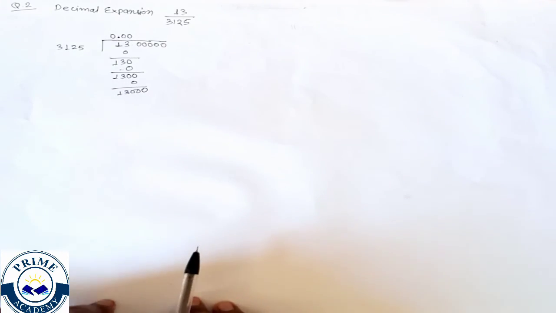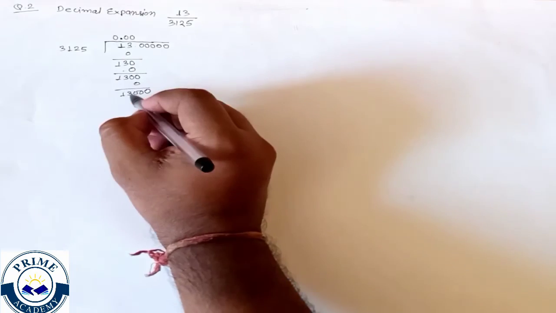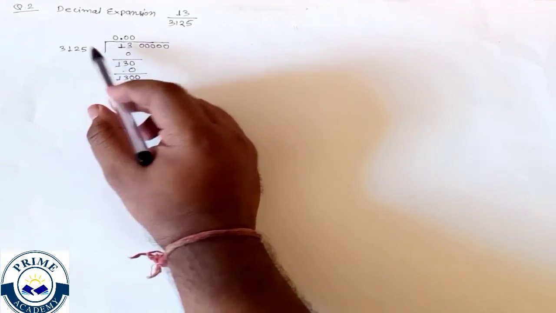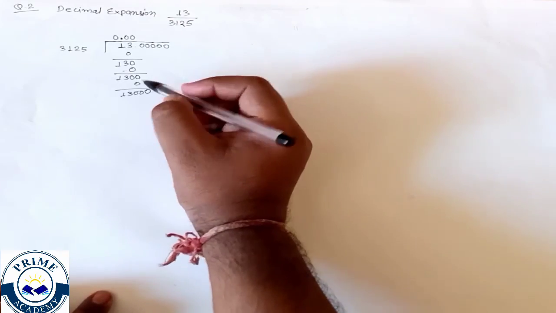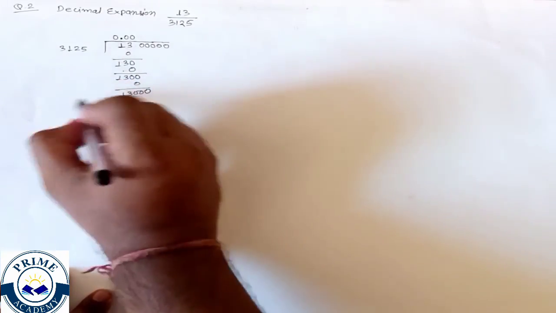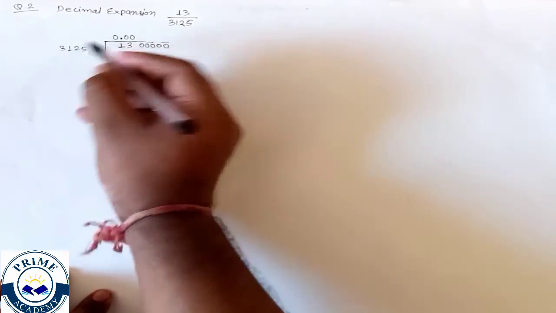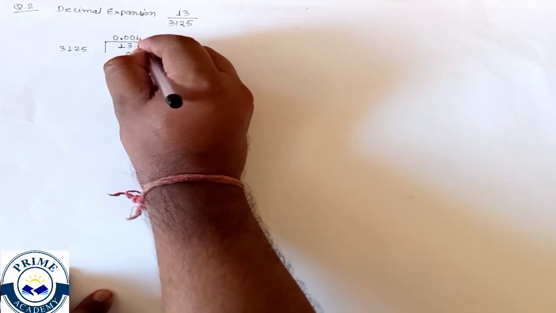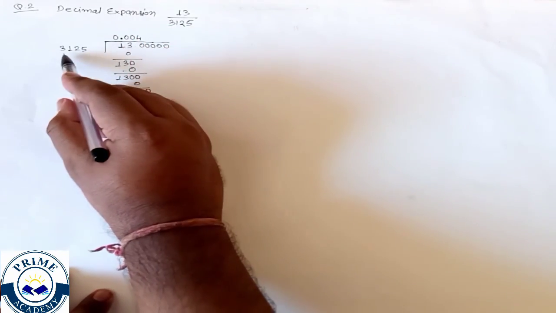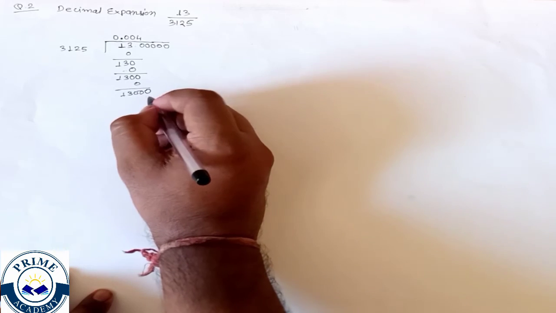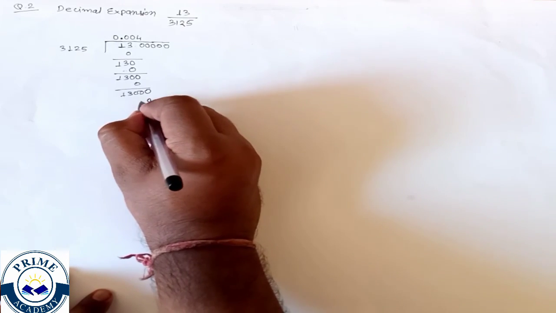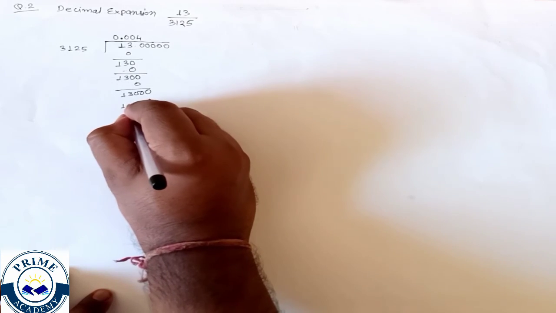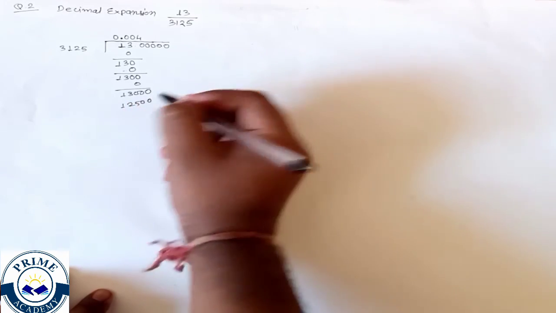Now 13,000 is the bigger one. 3 fours are 12, so I can take 4 here. 4 into this gives 12,500. So what remains is 500. Put one more 0 here.